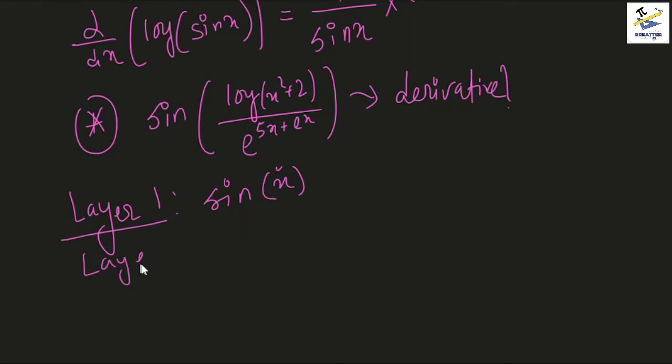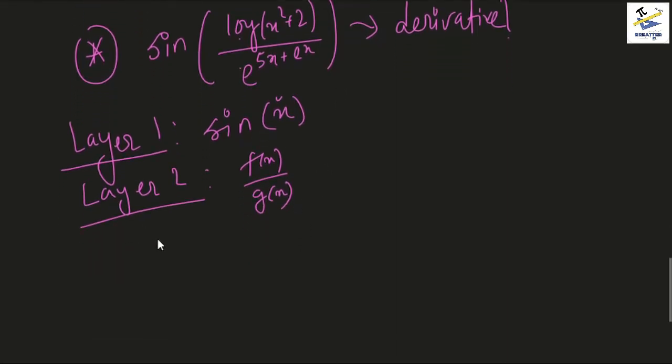Layer 2 is of the form f(x) by g(x), right? Layer 2 is of the form f(x) by g(x), which we learned before, that the derivative of two functions can be evaluated how?